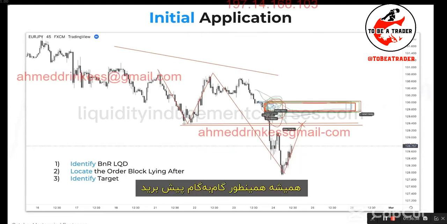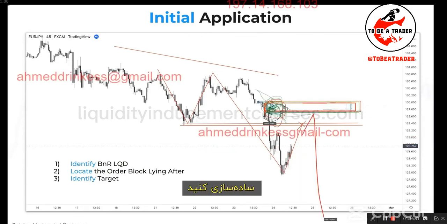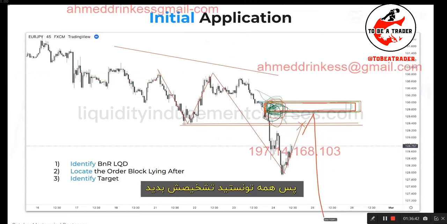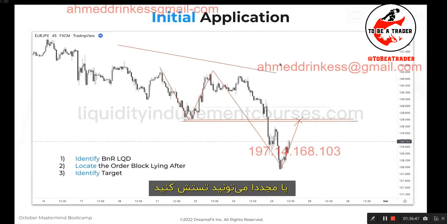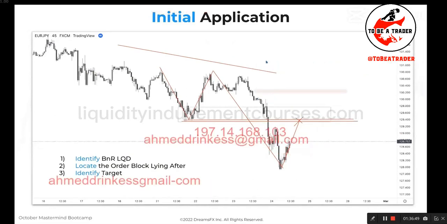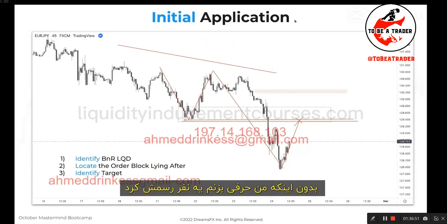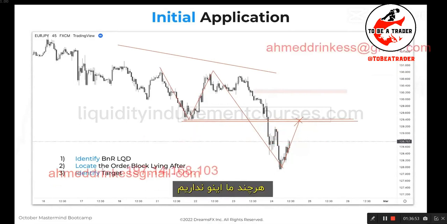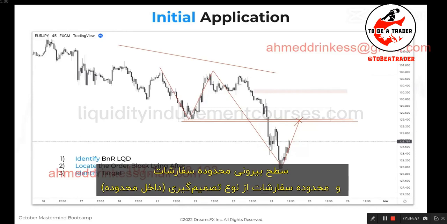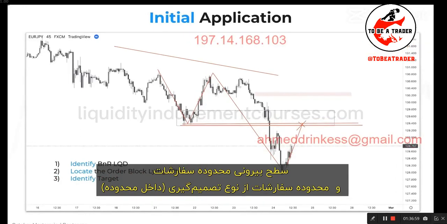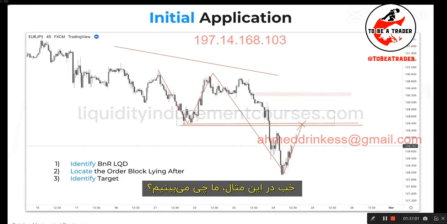Great. Always have that step-by-step process, making it simple, right? So now that you have all identified it, someone drew it and I didn't want to say anything. We do have this. However, you're always going to have two order blocks, if you remember, an extreme and a decisional. So in this instance, what do we see?